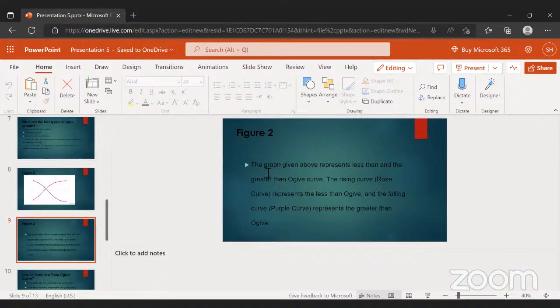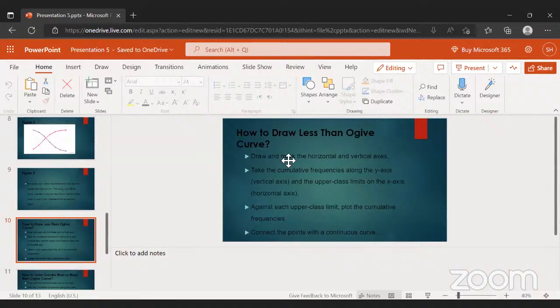In this graph above, the rose curve represents the less than ogive, the pink one, and the purple one represents the greater than ogive.